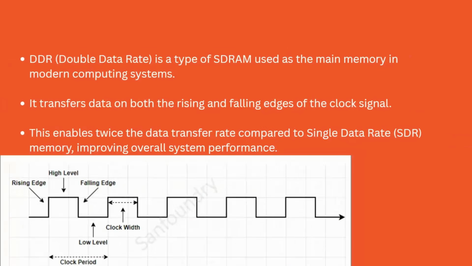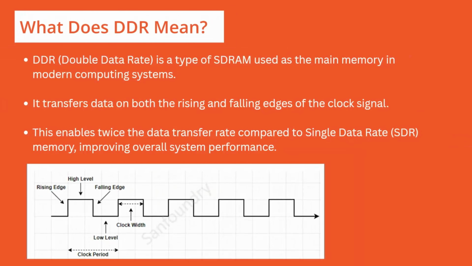So moving further, now let's see what is DDR. DDR stands for double data rate. To understand this, let's compare it with the older SDR memory. So what is this SDR? SDR is single data rate memory. In SDR, the data is transferred only on one edge of the clock, typically the rising edge of the clock.